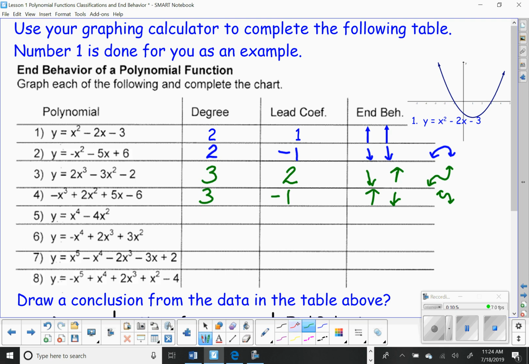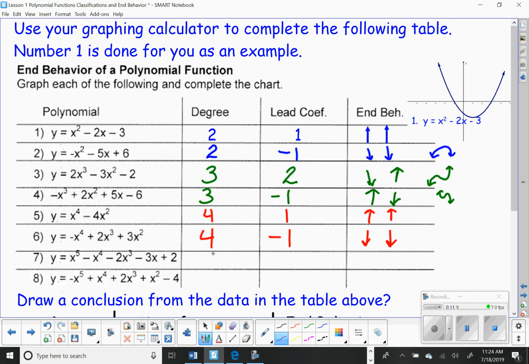This next one has a degree of 4, and the lead coefficient is 1. And this one, you should have noticed that the end behaviors were up, up. The next, number 6, degree is 4, lead coefficient is -1, and the end behaviors were down, down.